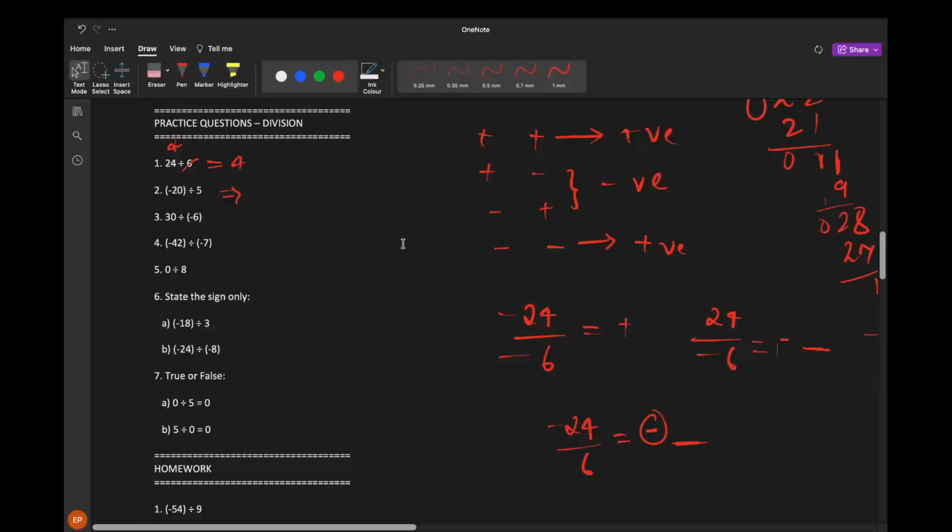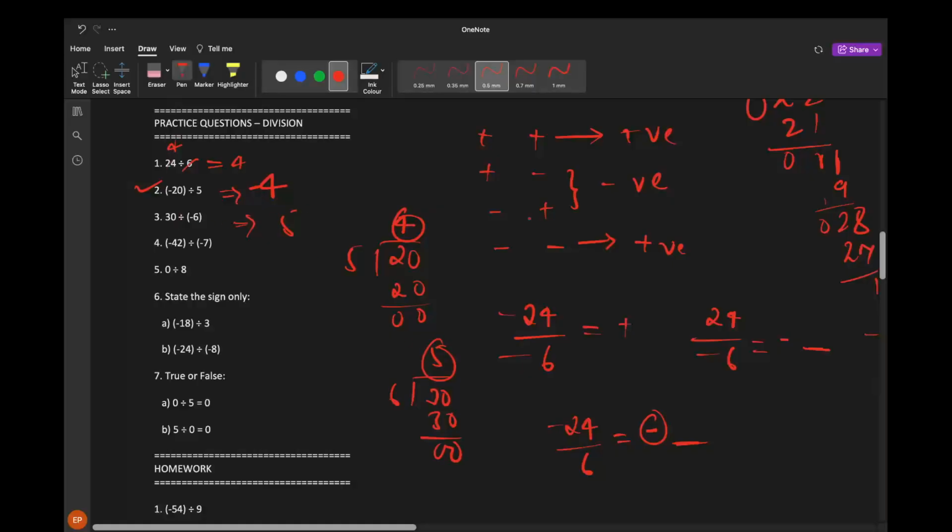Like that here, 20 divided by 5 is there. 5 4s are 20, answer is 4. But one plus and one minus, different sign means negative answer. 30 divided by 6, 6 5s are 30, answer will be 5.